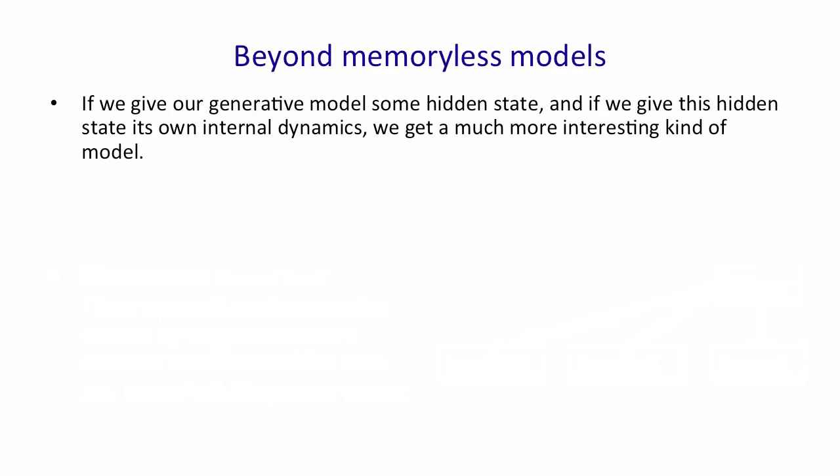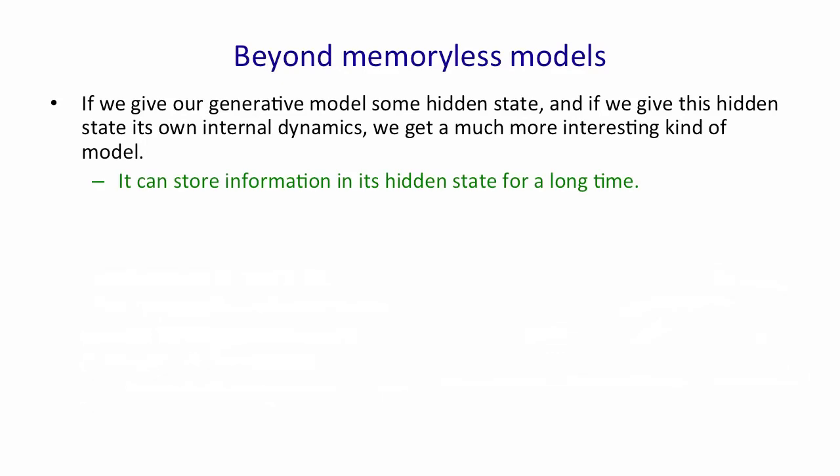We can think about ways of generating sequences, and one very natural way to generate a sequence is to have a model that has some hidden state, which has its own internal dynamics. So the hidden state evolves according to its internal dynamics, and the hidden state also produces observations, and we get to see those observations. That's a much more interesting kind of model.